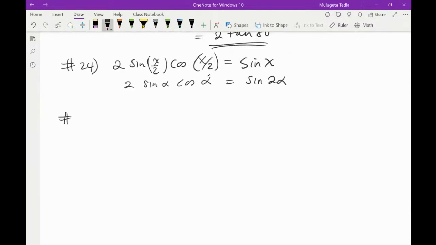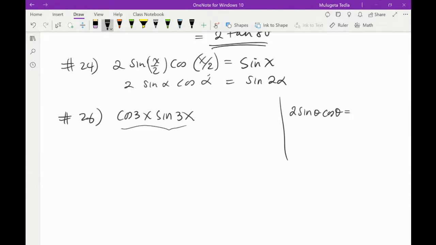Okay, number 26. Cos 3x sine 3x. Almost a double angle for the sine, so I will work here on the side. We know that 2 sine theta cos theta is, no, sine of 2 theta, we said.